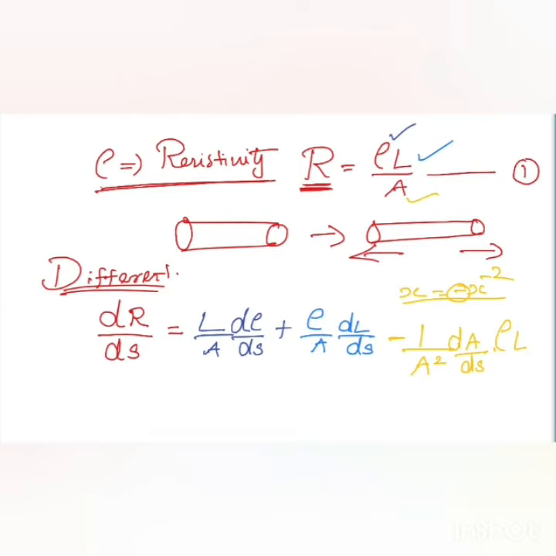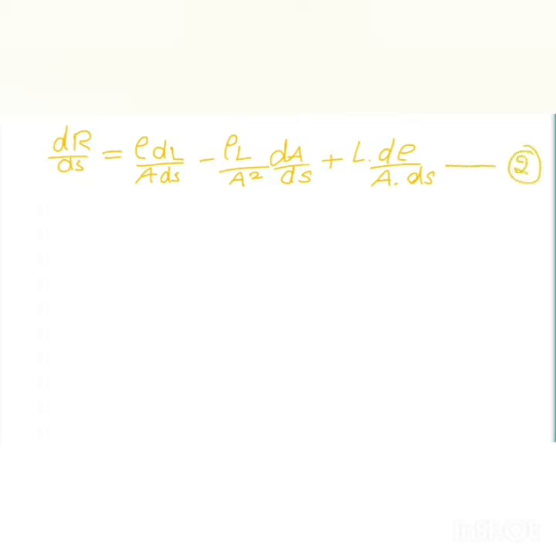Writing the same equation: dR by dS is equal to rho into dL divided by A into dS, minus rho L by A squared into dA by dS, plus L into d rho by A into dS. I'm going to rename this equation as equation number 2.